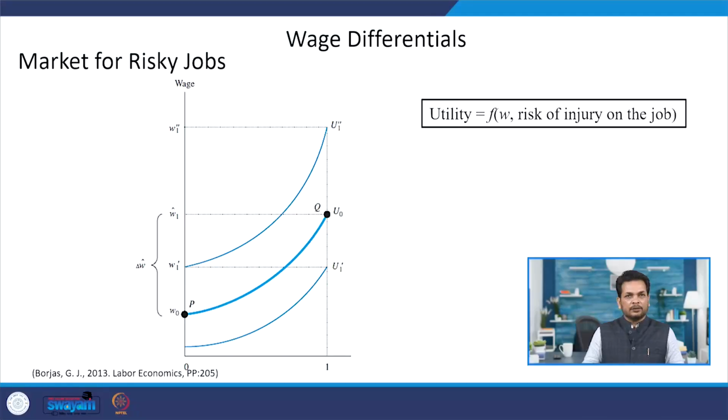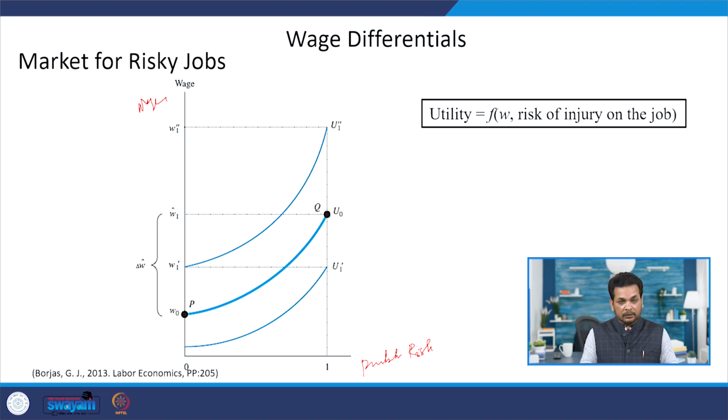If you remember, we discussed this graph showing how we derive the utility from working in a risky job or working in a safe job. On the x axis we have taken the probability of risk involved in a job, and on the y axis we have taken the wage rate.